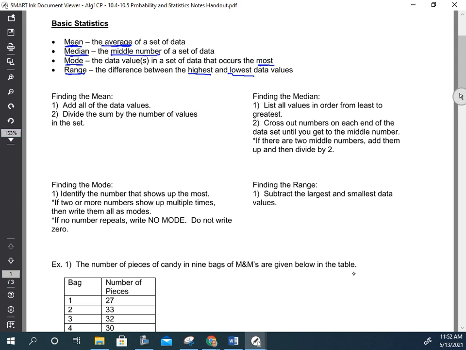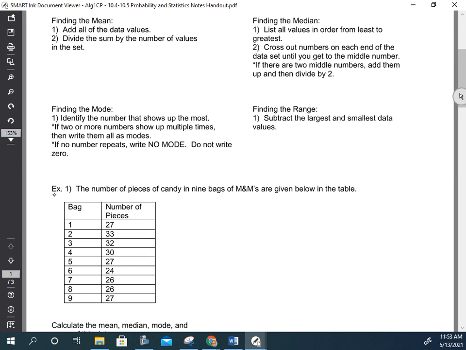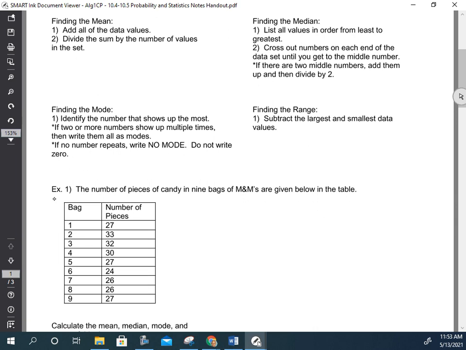So, in solving these problems, we're going to find mean, median, mode, and range. We're going to go through all of the steps by looking at example 1. If example 1 looks familiar, it's because that was one of the 2 extra credit problems on your test.